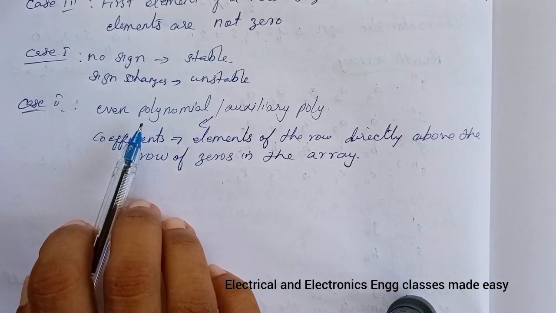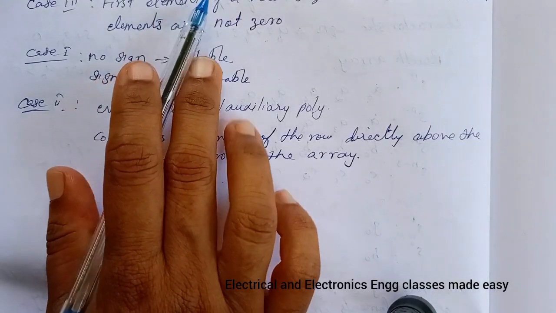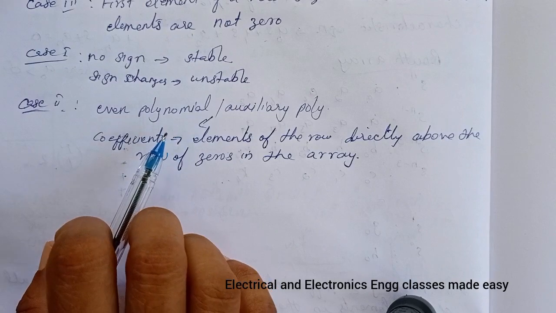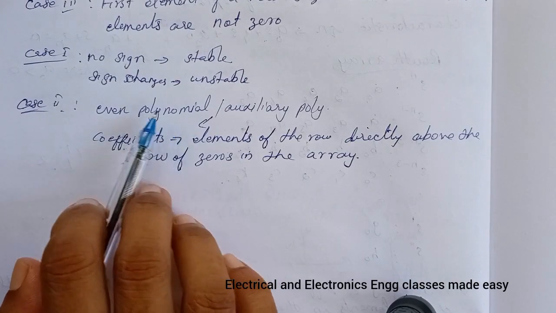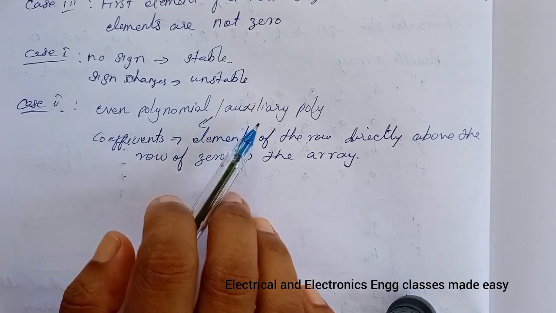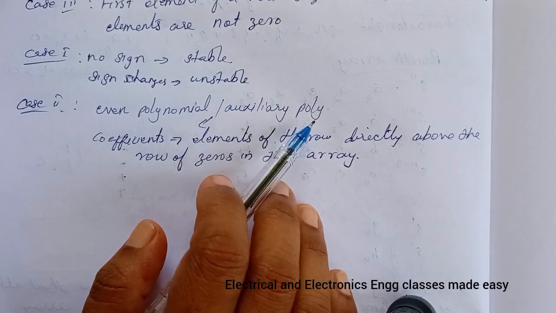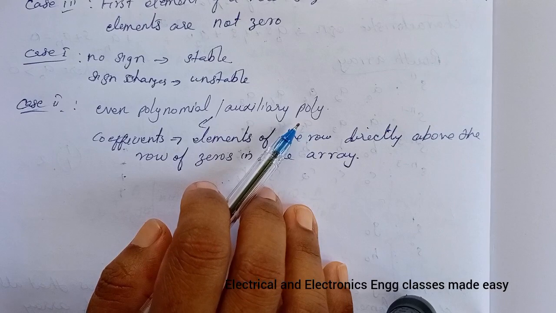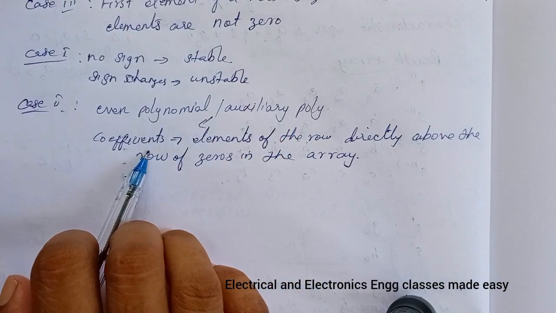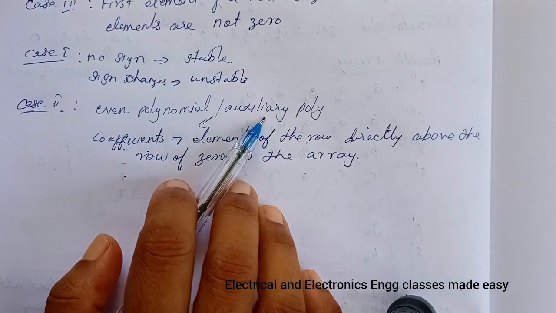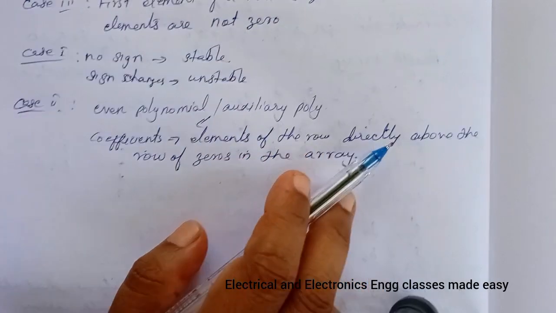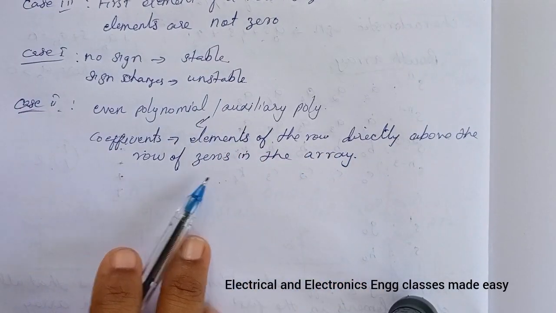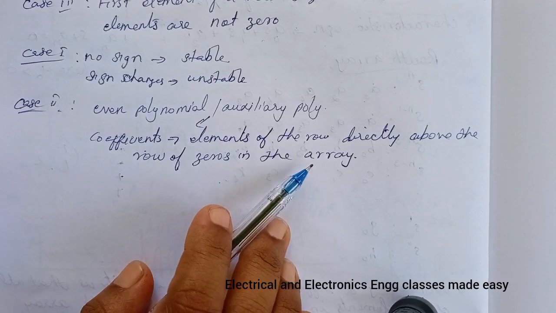And case 2 is a row of all zeros. So an all zero row indicates the existence of an even polynomial or auxiliary polynomial, and the coefficients of the auxiliary polynomial will always be the elements of the row directly above the row of zeros in the array.